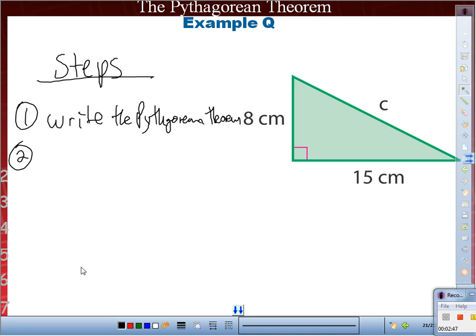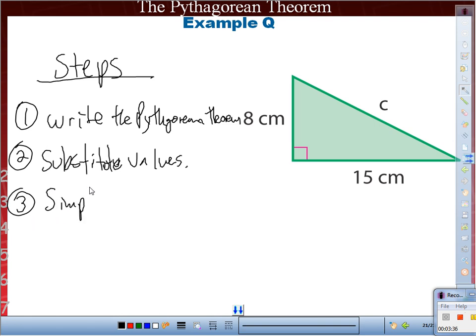All right, Mel. Substitute values. Okay. So once we substitute values, we're ready to do what? Tell your neighbor, please. What is the third step? Let's see. Step 3, Mel.